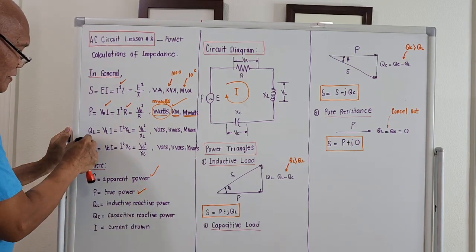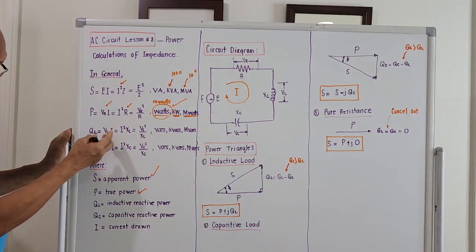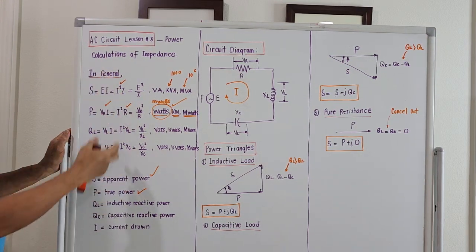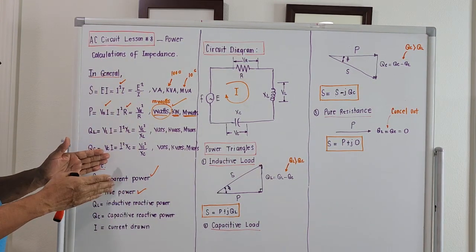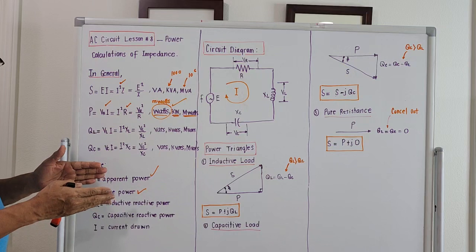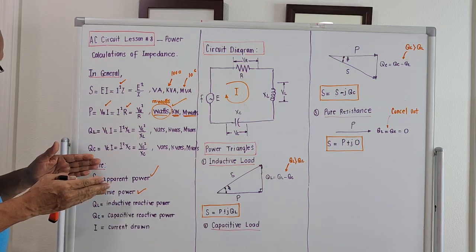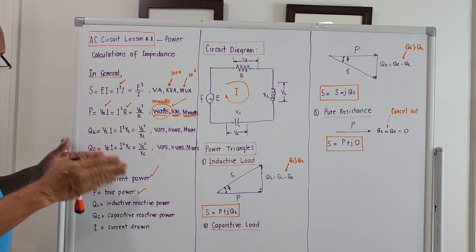Okay, for Q sub L. The equations look similar. The only difference is the parameter we are considering for the meantime.